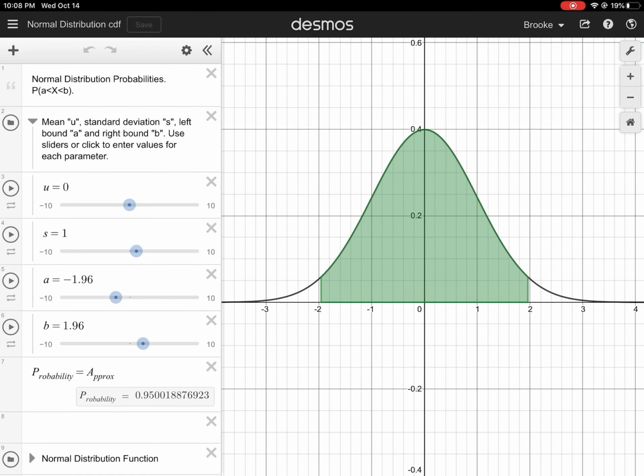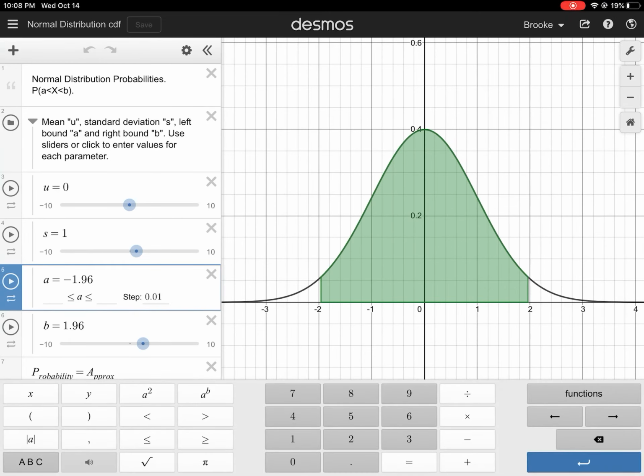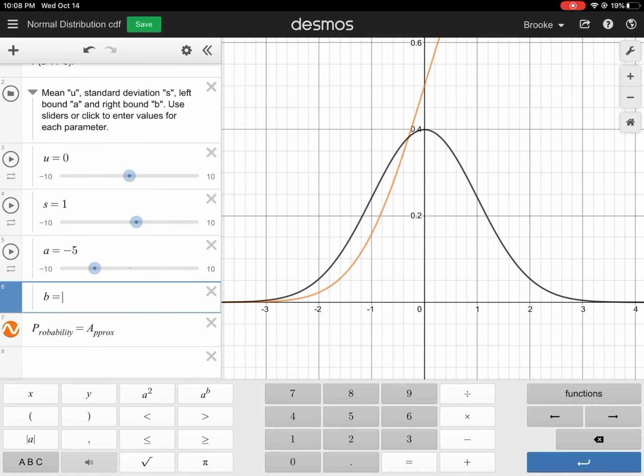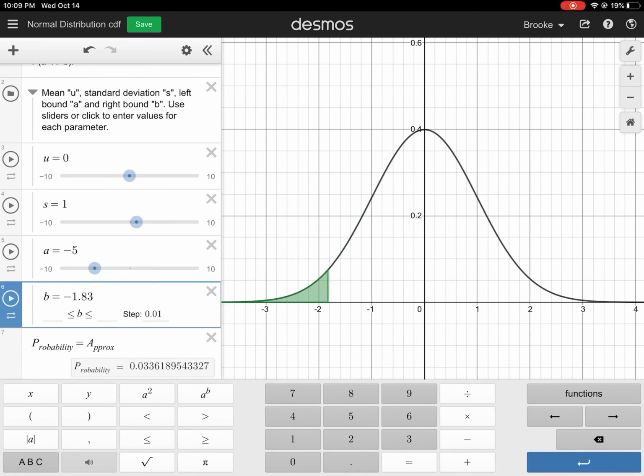So we're going to go into Desmos, and we're going to represent our left and right points with A and B. A is going to be my farthest left point, and for right now we're using negative 5 as that far left. Our far right is our actual value, which was negative 1.83.